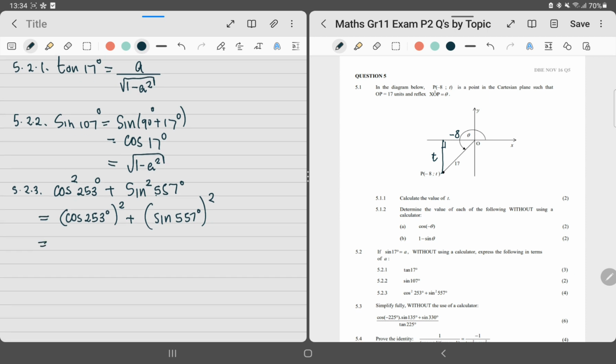So let's check, 270 minus 253. You want to set this up such that we go back to that 17 degrees. So this should be cos of 270 minus 17, squared, plus. If an angle is greater than 360, we subtract 360 from it. So that's 197. This is going to be sine 197.